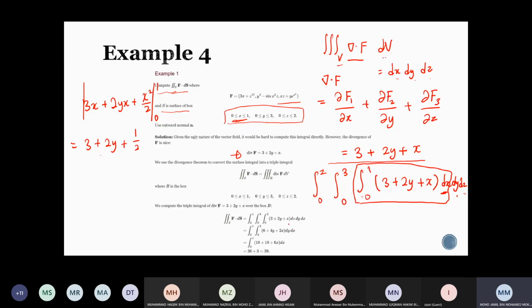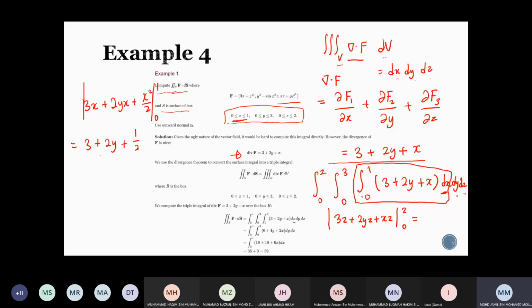But in this example here, it starts with dz, so they integrate z first. Maybe we look at this example, it's easier. If you integrate z, then this equation becomes 3z plus 2yz plus xz, and then calculate from the range of z.